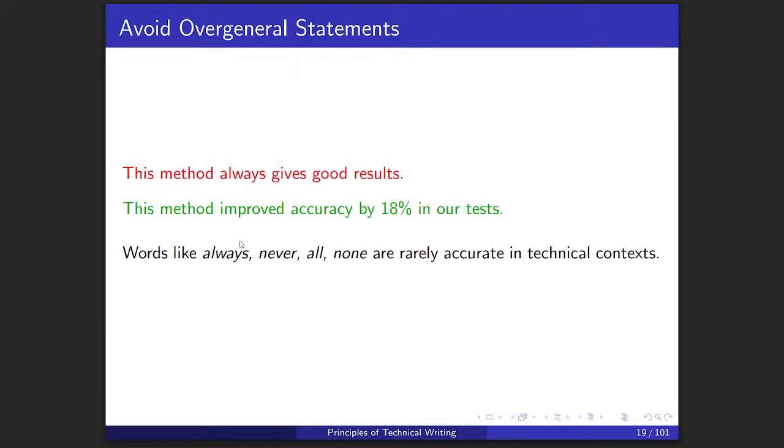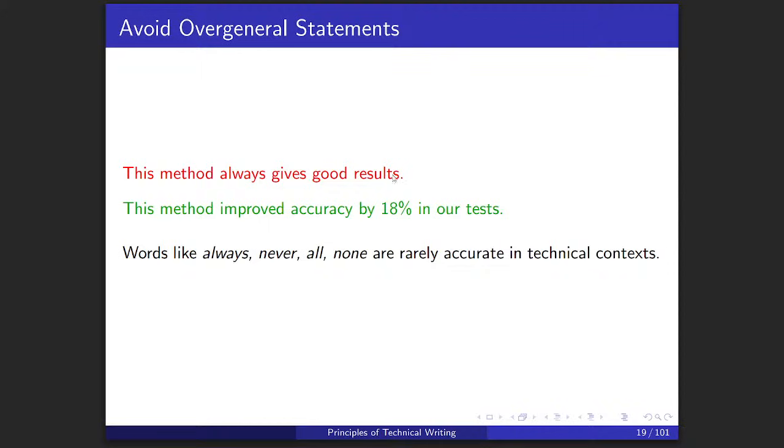Another thing: avoid over-general statements. If you look here, "this method always gives good results." Instead of this, I am writing the same sentence in a precise and accurate way: "this method improved accuracy by 18% in our test."